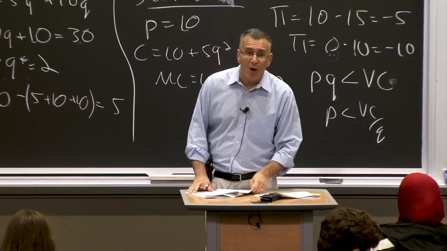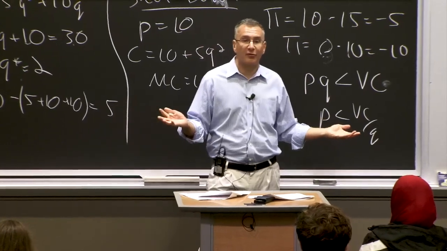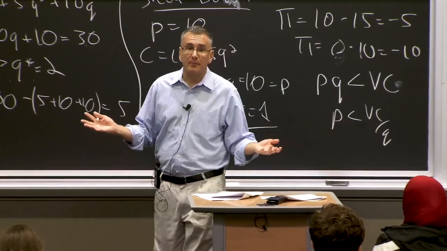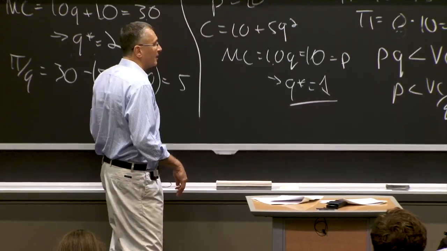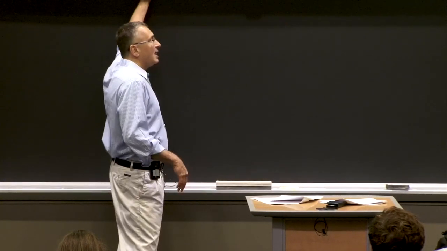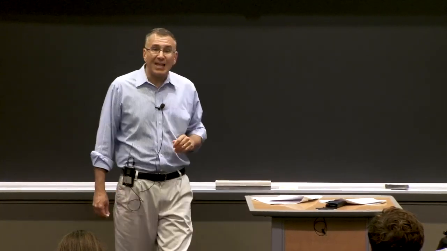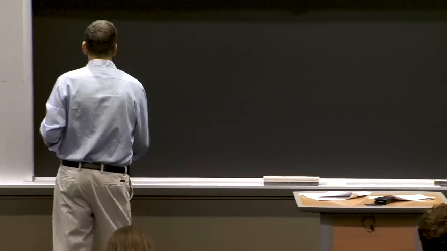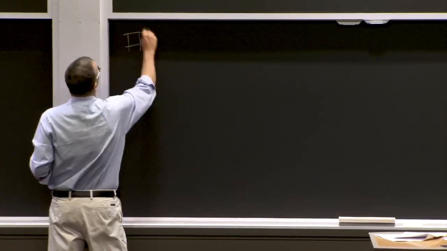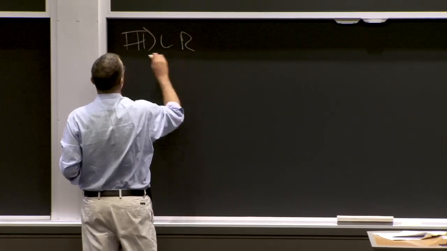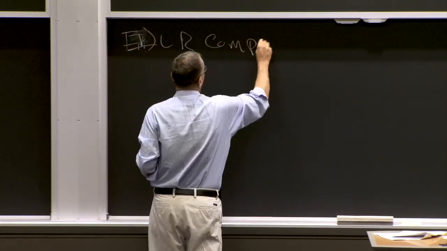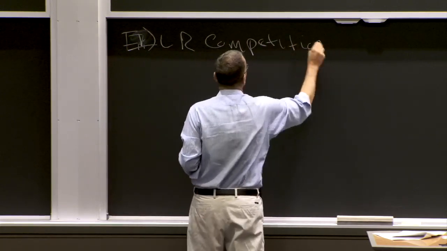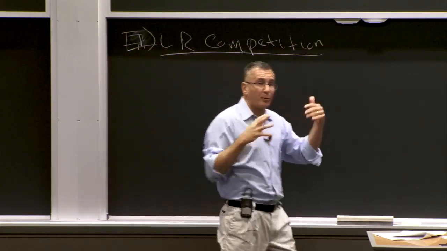Okay, so now let's ask where the hell 6 comes from. Where 6 comes from is the long run. So now we get to long run competition, which is in the short run, there's a certain number of firms in the market.